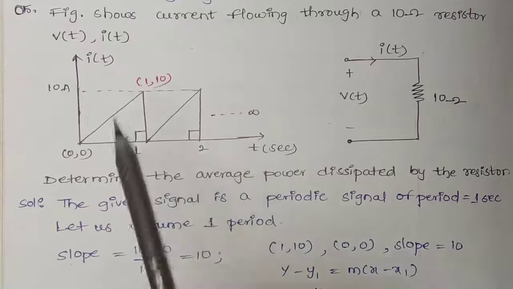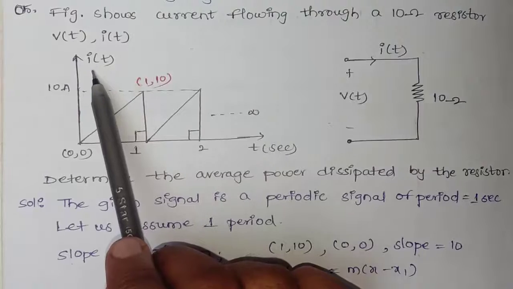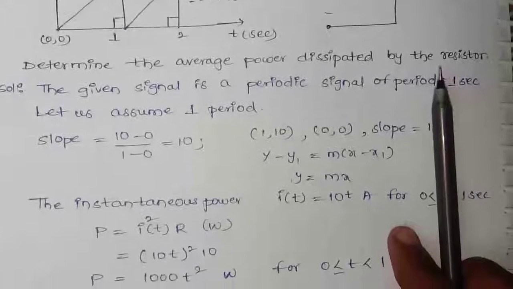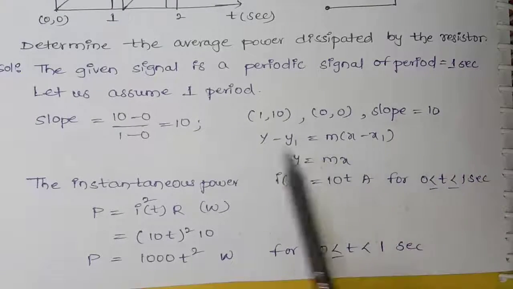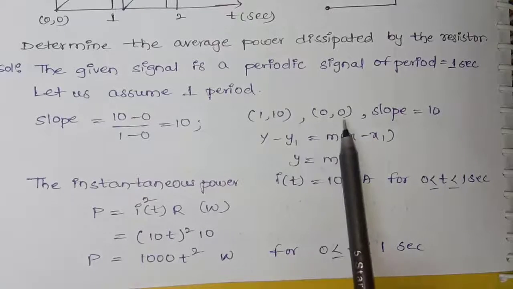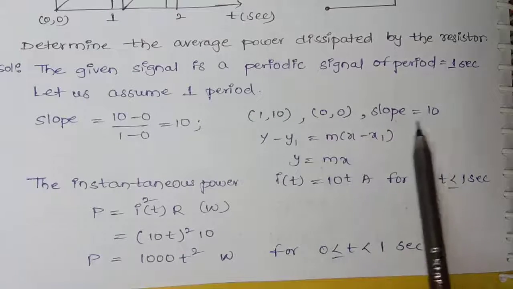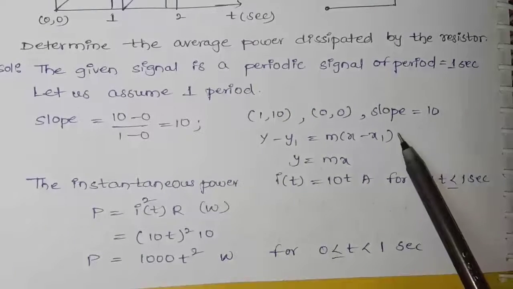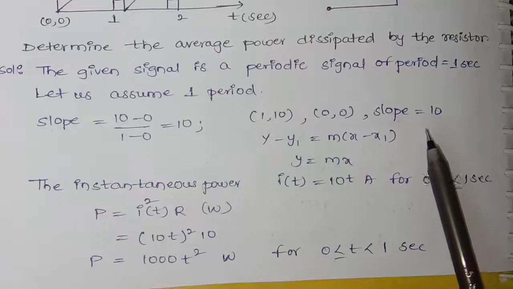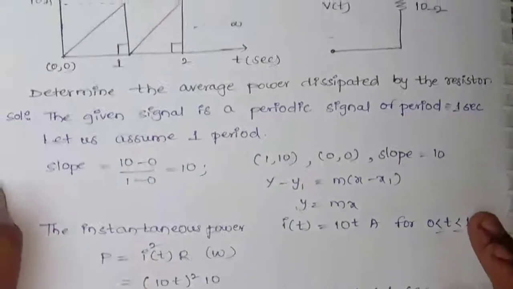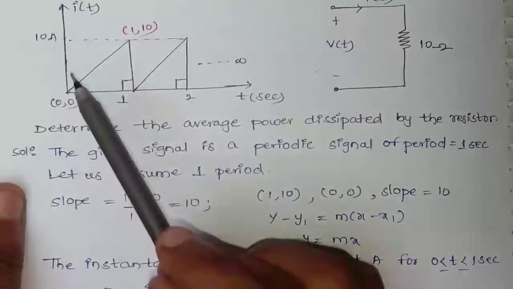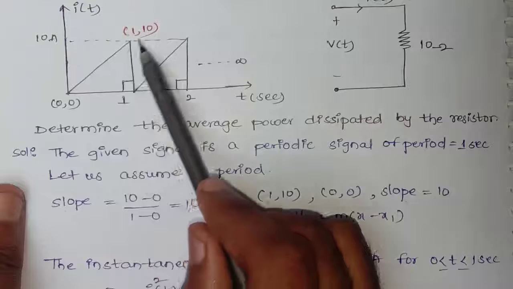Now if I want to find the straight line equation, which is nothing but the current equation, we have to use the straight line equation formula, for which we require these 2 points, 1 comma 10 and 0 comma 0, and the slope 10. But in this waveform, in a simple way, we can observe that the line is passing through the origin.